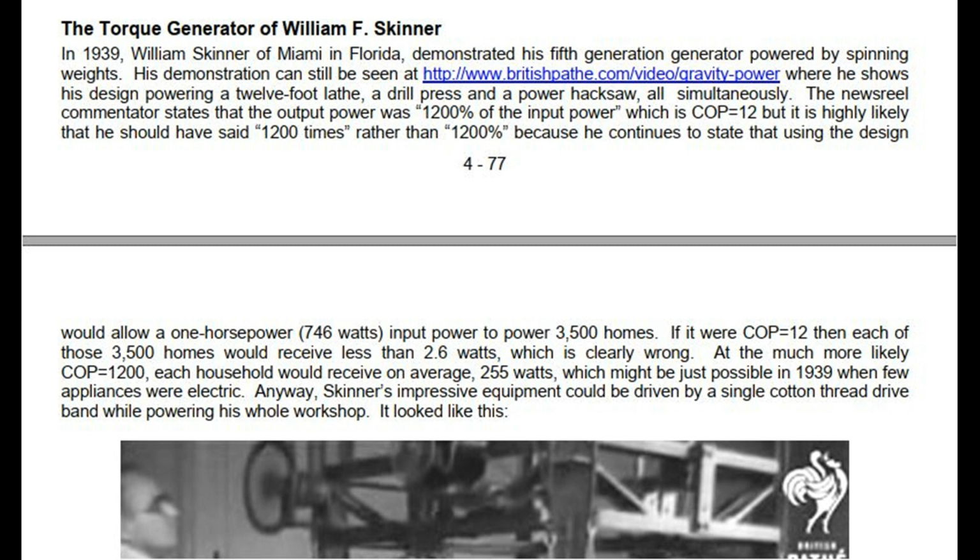If it were COP equal 12, then each of those 3,500 homes would receive less than 2.6 watts, which is clearly wrong. At the much more likely COP equal 1200, each household would receive on average 255 watts, which might be just possible in 1939 when few appliances were electric.